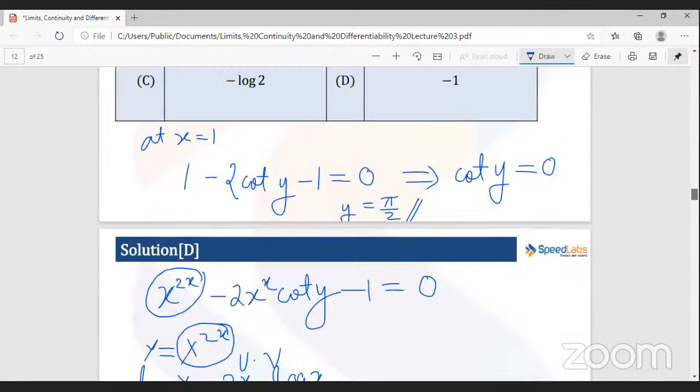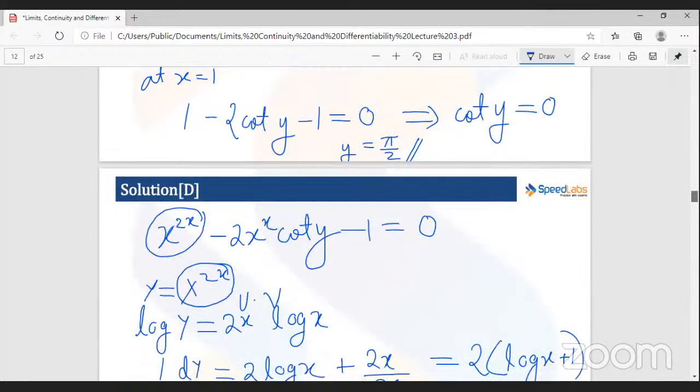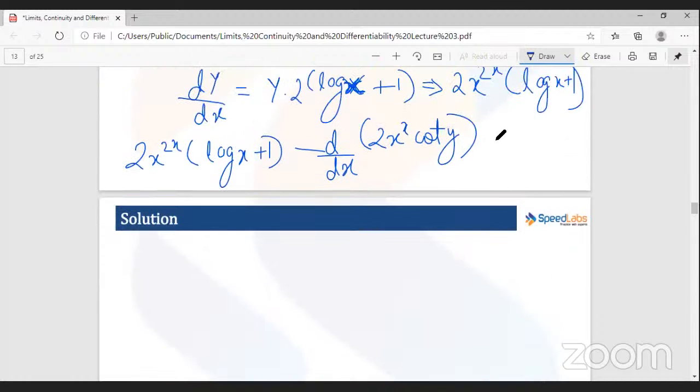And this minus 1, its differentiation will be 0. So we have to differentiate this now.